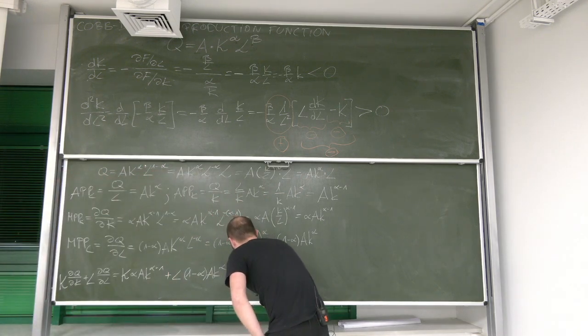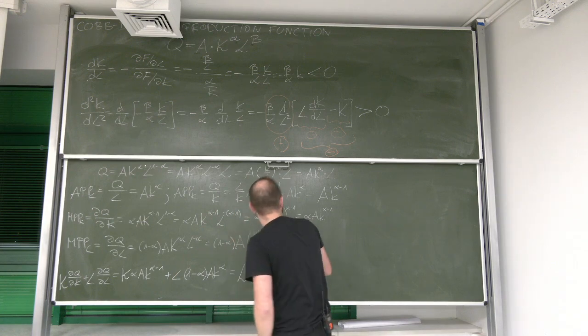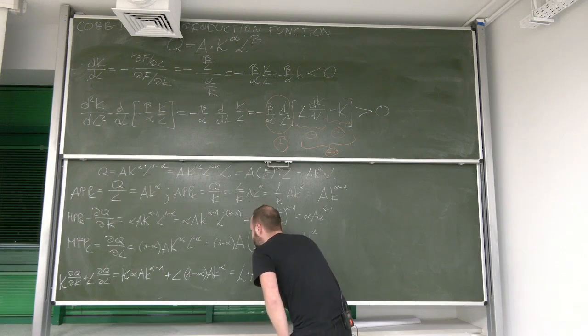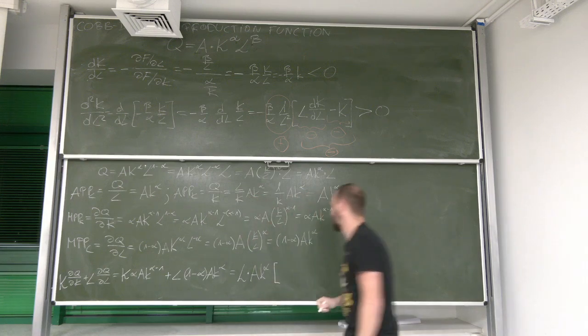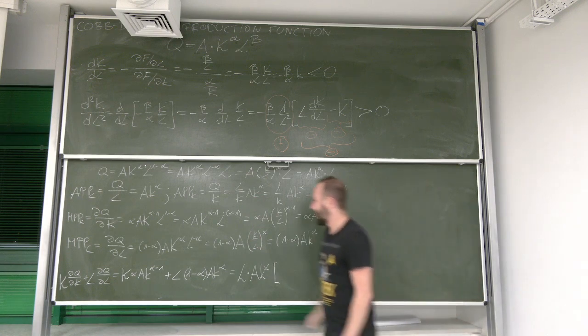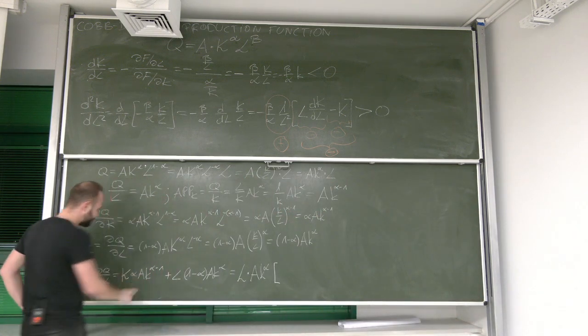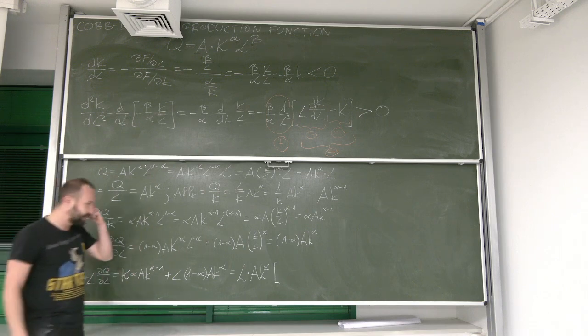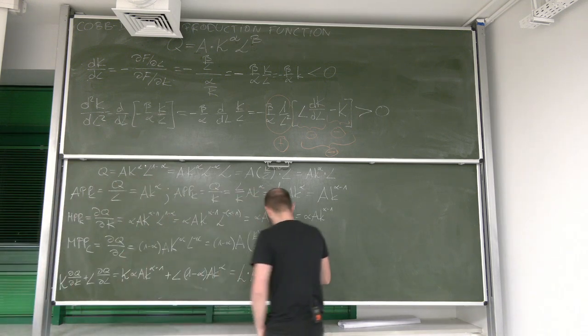So we take out L times A k to the power of alpha. That's it. Okay, and let's see what we're going to have in parentheses. Look, if I take L out of this, it's like I need to now multiply this by 1 over L, right?